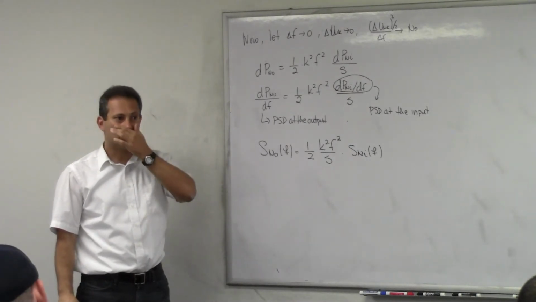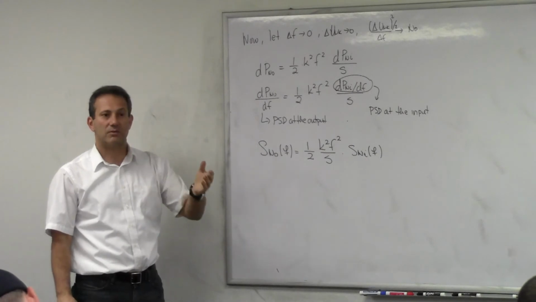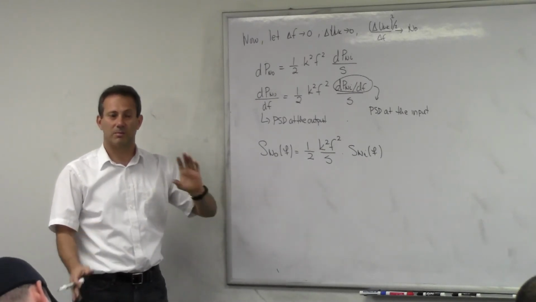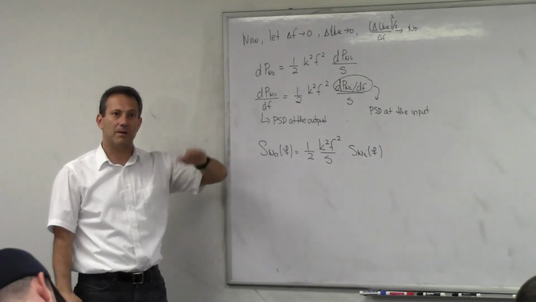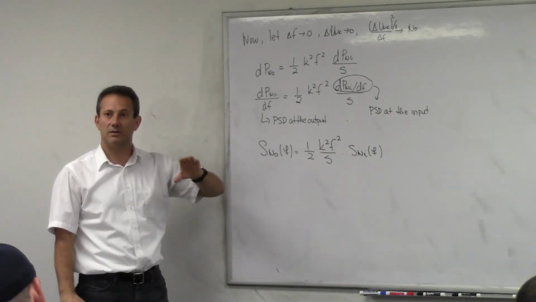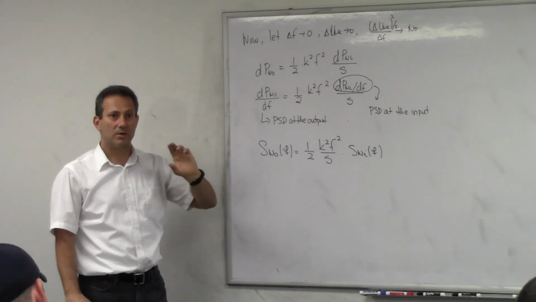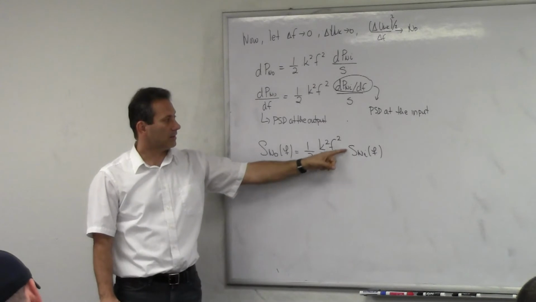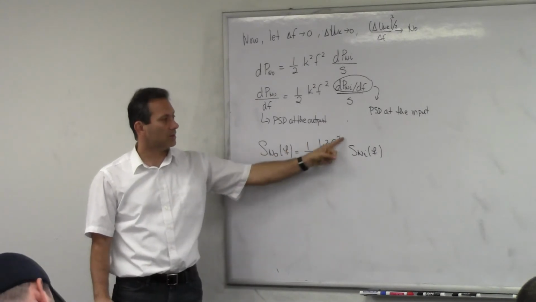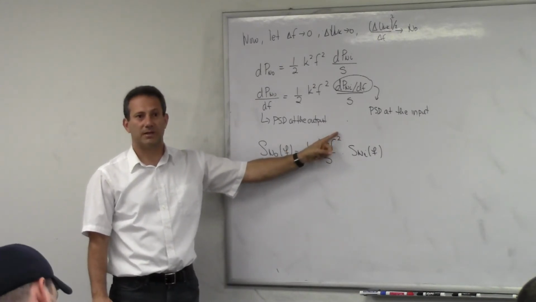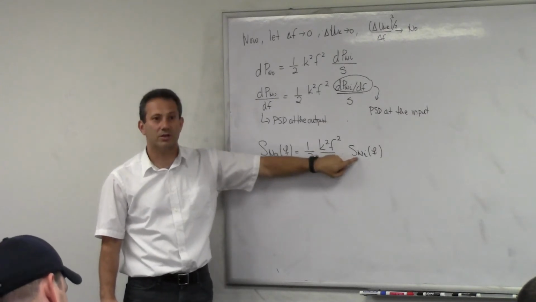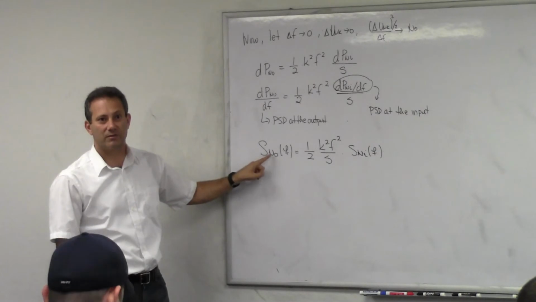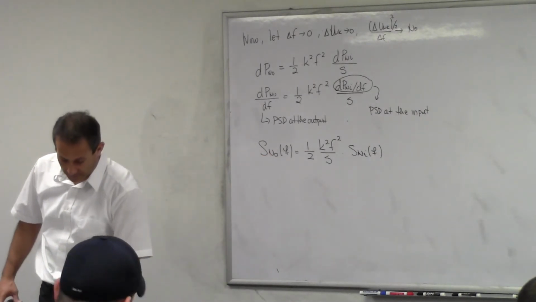In all other demodulators that we faced so far, the noise was just translated to baseband. So the power spectral density, except maybe for amplitude changes, didn't change in shape. Here we have a qualitative difference. There's this factor here that shapes the power spectral density. So what starts as a constant as a function of frequency is not a constant as a function of frequency when it comes to the output.